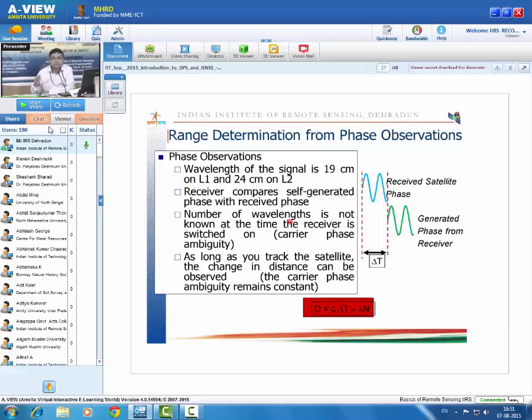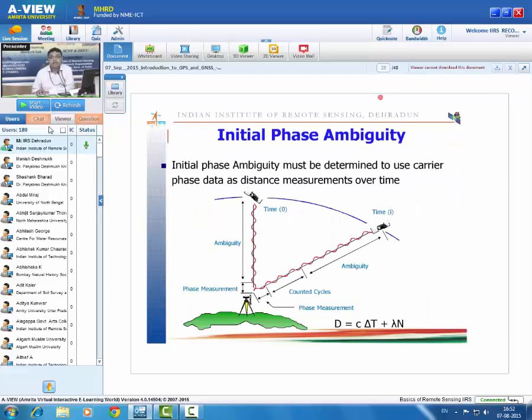When the signal starts from the satellite, it completes a certain integer number of wavelengths before striking the receiver. Now it is not necessary that when it strikes the receiver, the last wavelength is full. That may be a partial wavelength. So that partial wavelength is represented in terms of phase, calculated in terms of c delta t. But the integer number of wavelengths is represented as lambda n, and this number n is actually known as the ambiguity.